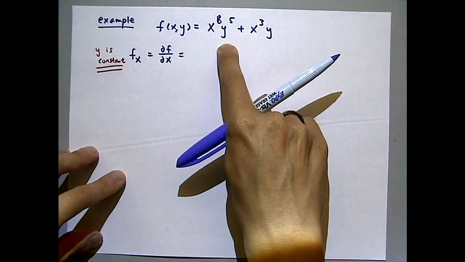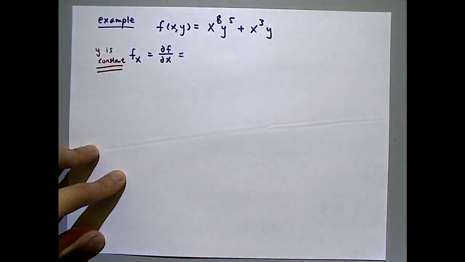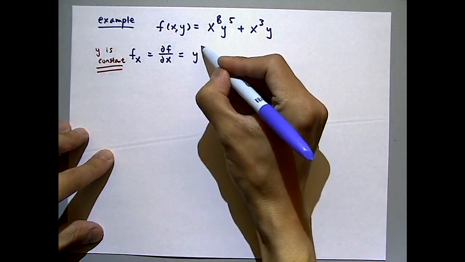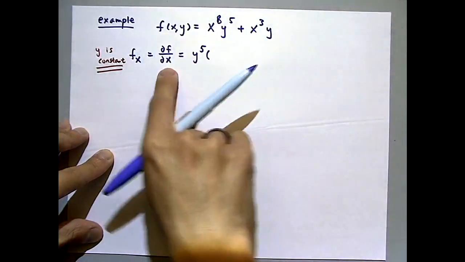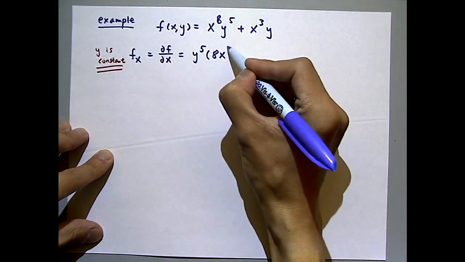It's a number, so if you have 2 times x to the 8th, you know that constant doesn't matter. You simply take the derivative of the part involving the live variable, 8x to the 7.